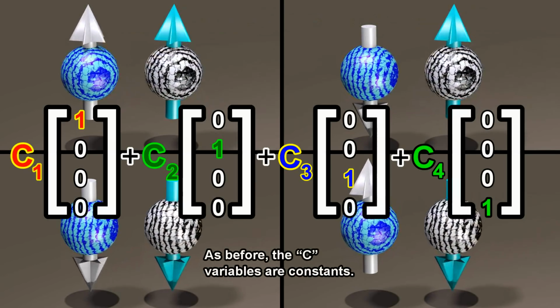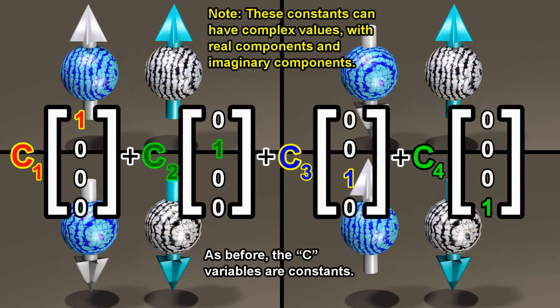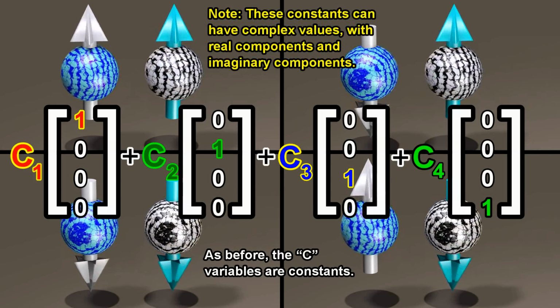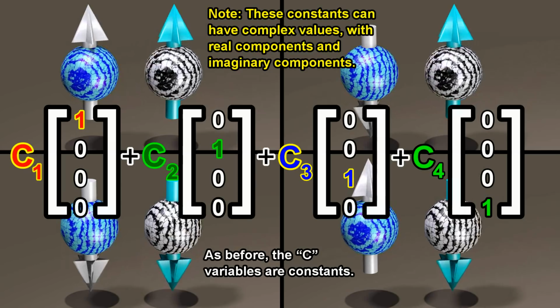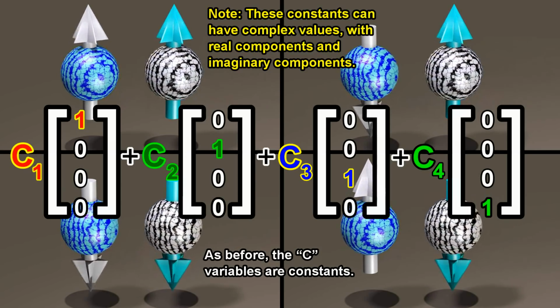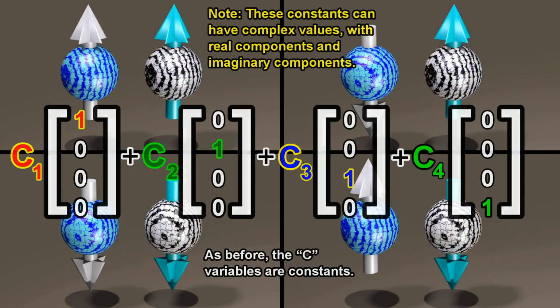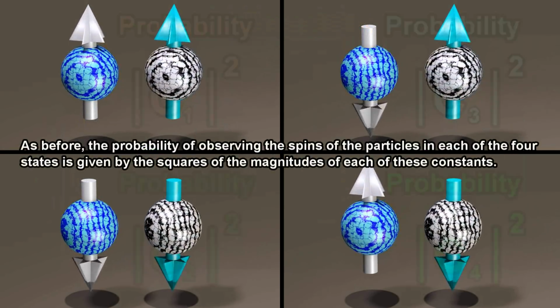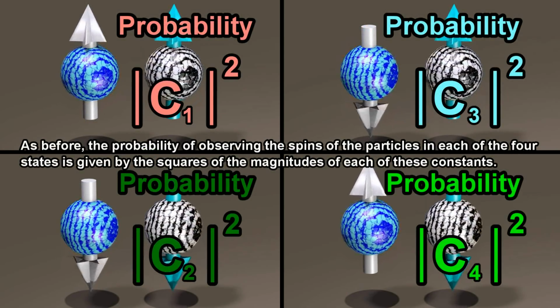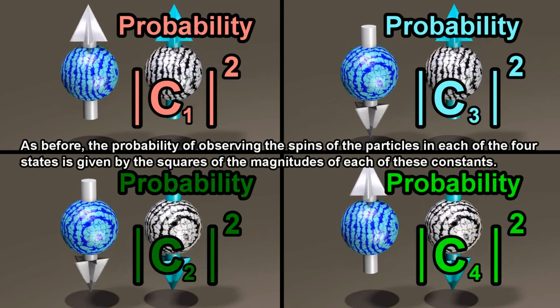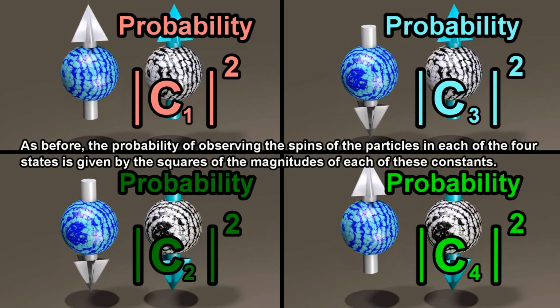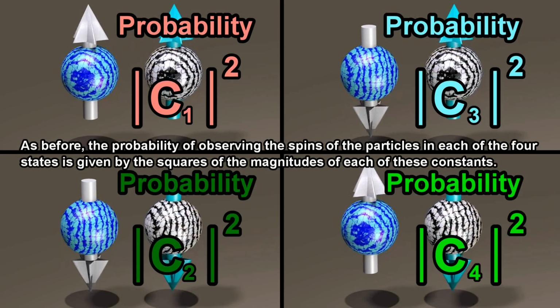As before, the c variables are constants. As before, the probability of observing the spins of the particles in each of the 4 states is given by the squares of the magnitudes of each of these constants.